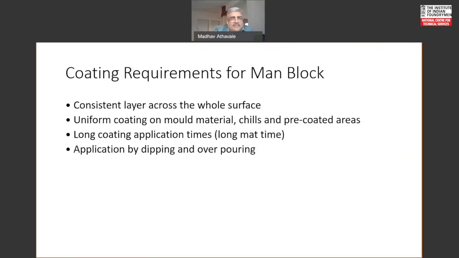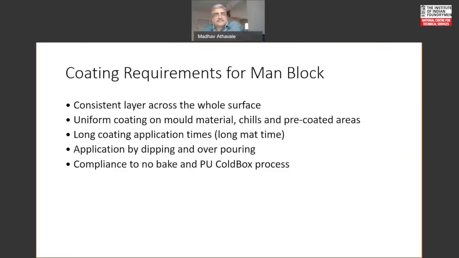Then they wanted the same coating to be used for dip application as well as overpour application. That means the same filler combination was to be used in all the cores. So they wanted it to be applicable for both no-bake for molds and PU cold box for cores. Obviously, good suspension properties are very vital for this.